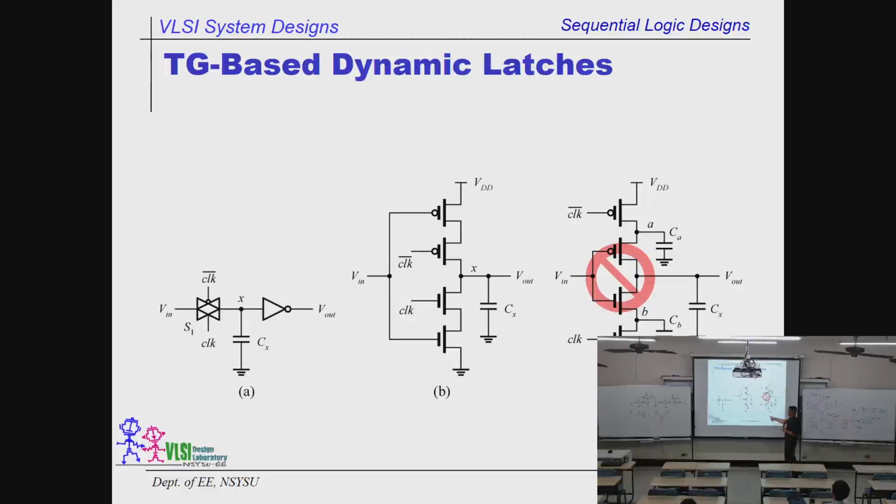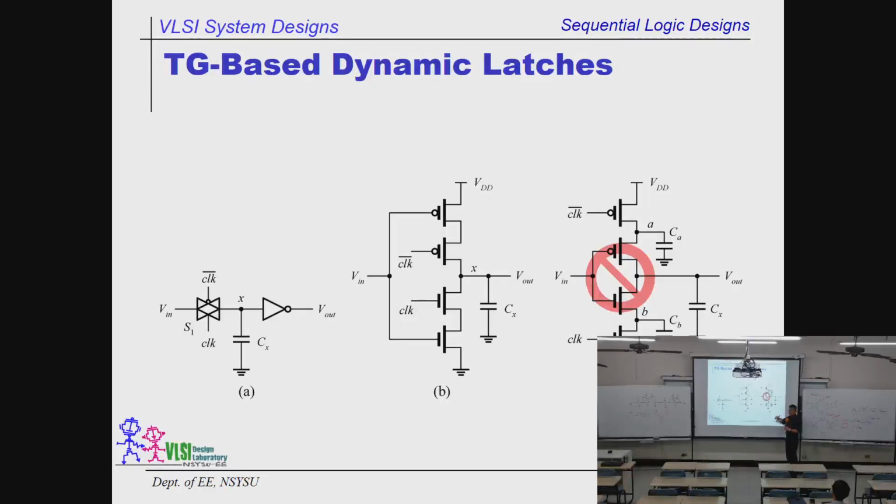Why? Because the problem is, first of all, when this is high, we have a charge sharing problem over here. Secondly, when this one is suddenly high, we have a risk to pull down the V in. Because of the charge sharing, when the sizes of these two capacitors are almost the same. Remember we did this analysis before.